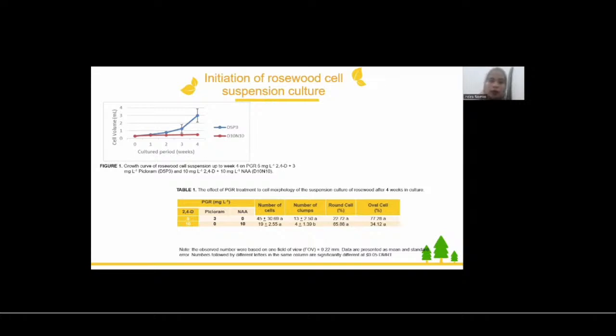This is different with 2,4-D and NAA, where the number of cells is low and the round cell is high. But we focus on proliferation, so the next experiment is 2,4-D and picloram.